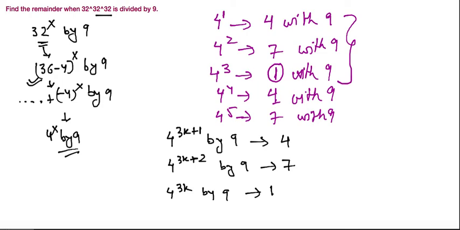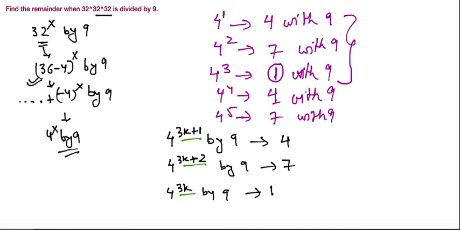Okay, now remember that any natural number n can be expressed mutually exclusively as one of the following: 3k plus 1, 3k plus 2, or 3k. You can express any natural number as one of these three, right?